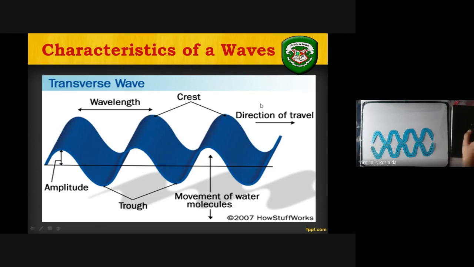Kaya parang ang water molecules din natin or ang electromagnetic wave natin ay para ding movement niya yung sa water wave. Kaya ganito yung alon-alon natin. Simply because water waves or tidal waves and electromagnetic waves are the same in terms of their movement kapag nagpo-propagate na sila. So we conclude that an electromagnetic wave is a transverse wave.